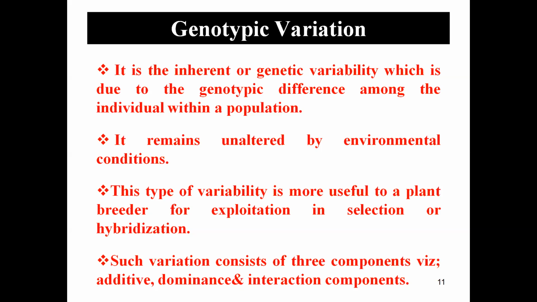While studying components of genetic value, we studied that genotypic value consists of three components: additive, dominance, and interaction. In a similar way, genotypic variation will also contain three components, that is additive variance, dominance variance, and interaction variance.